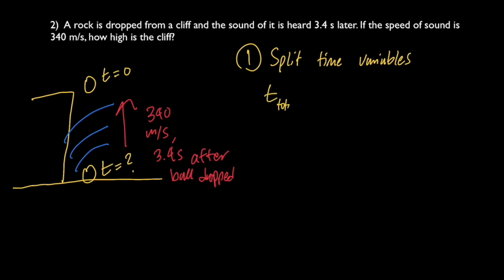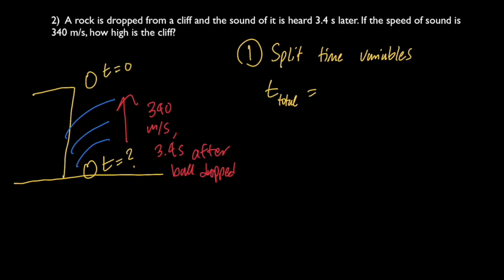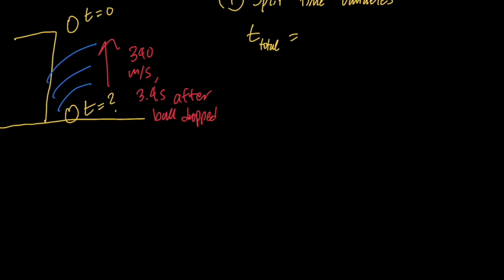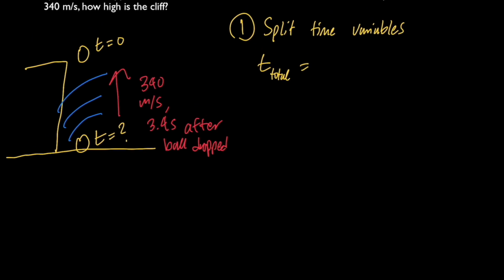So t total is equal to the time it takes for the ball to fall and the time it takes for the sound waves to travel back so that we can hear it. So t sound. I'm just going to abbreviate ts here.